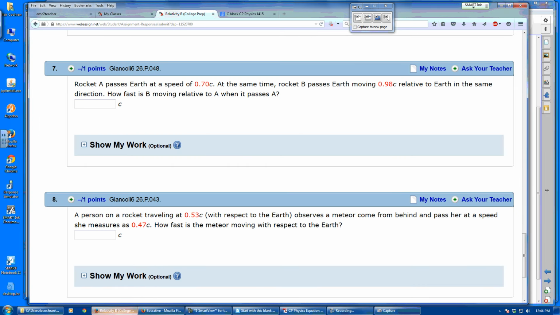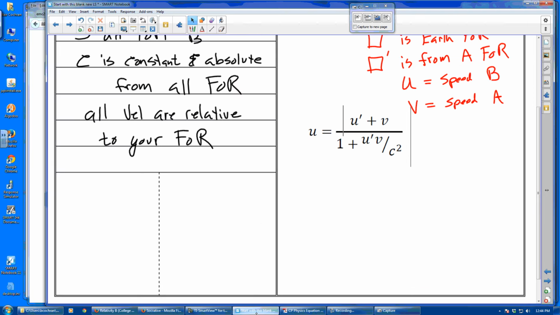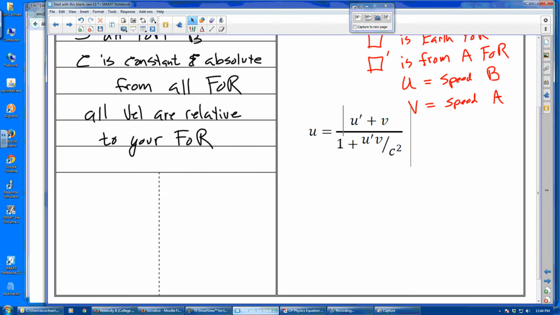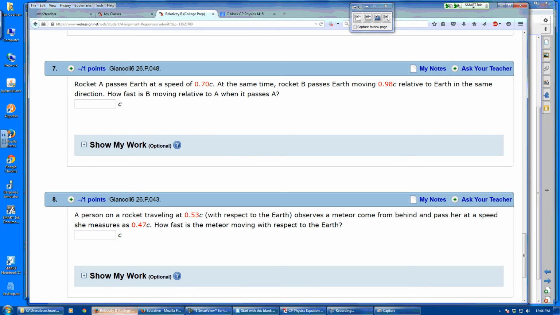Rocket A is going this way. Rocket B is going this way. So let's start putting in values based on our rules. We're told that rocket A, which is our V, passes the Earth, so it's from the Earth, at 0.7 C. So V is going to be 0.7 C. And I'm also told that B passes Earth, relative to the Earth, at 0.98.